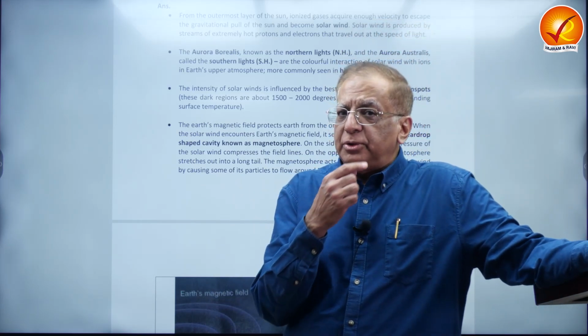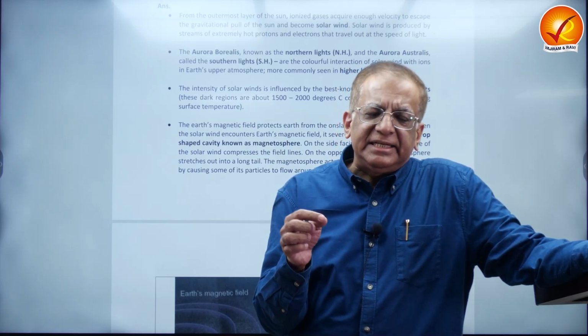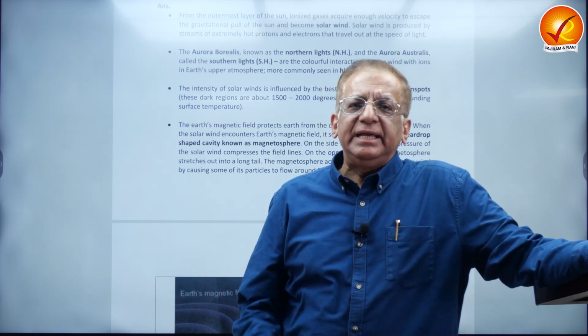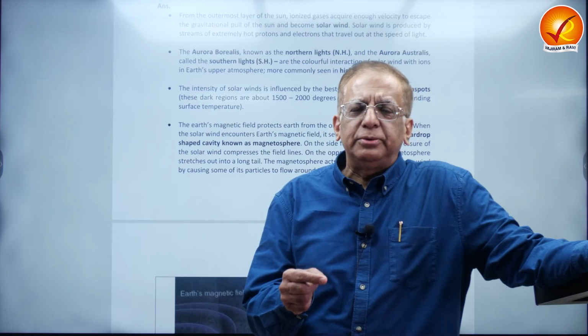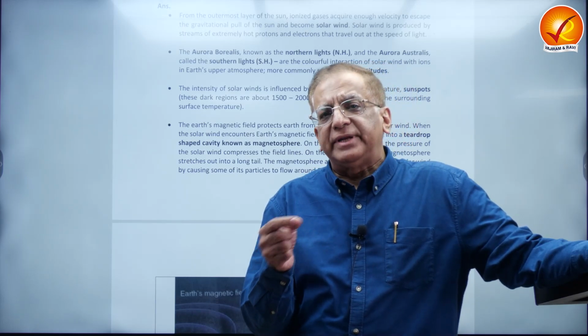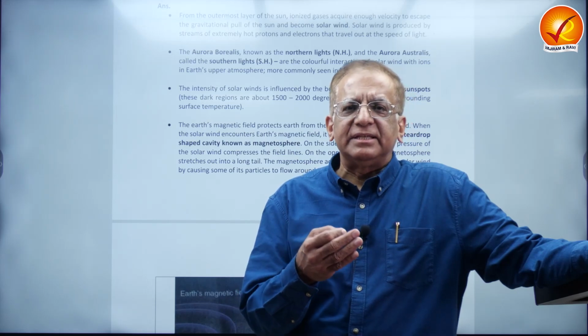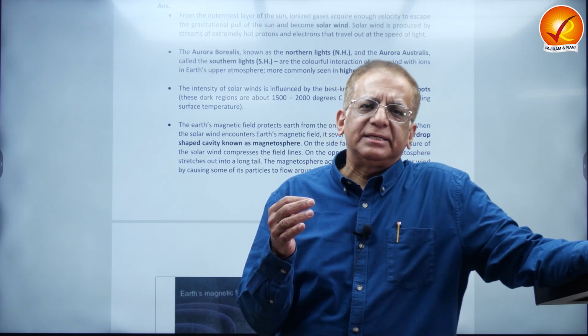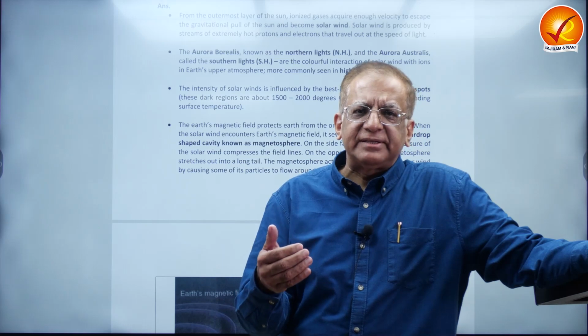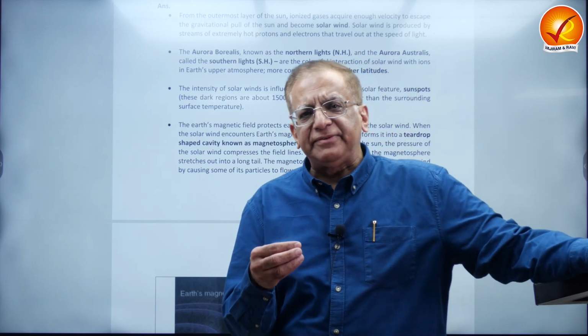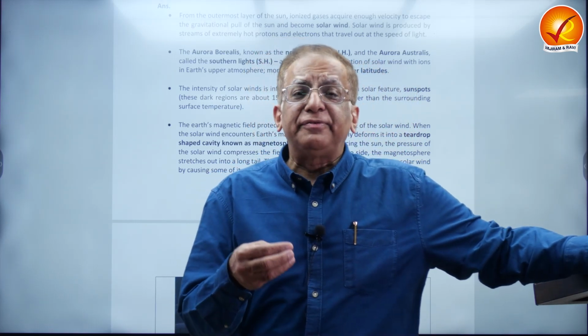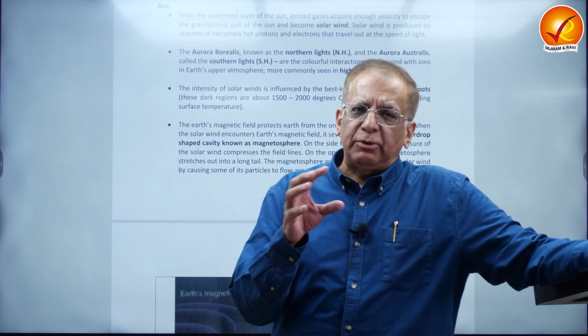Then you talk about the intensity of this solar wind in relation to what is called sunspot activity. There is a cycle of about 11 years of the sunspot, with active phases of the sun, and when you have active phases, the sun has more sunspots on the outer surface.